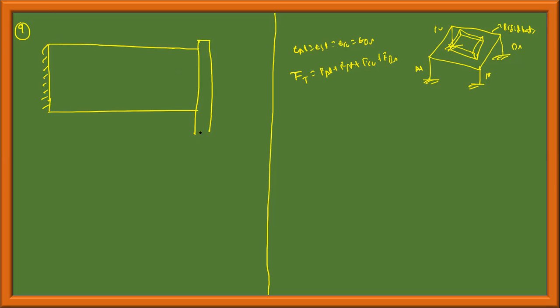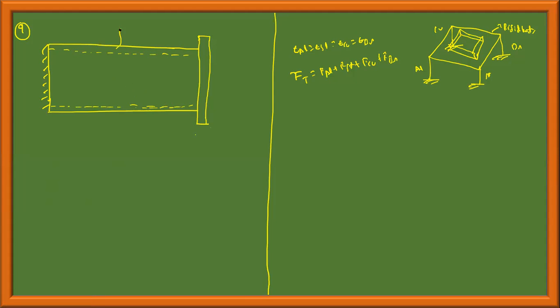This is the rigid disc. The aluminum tube is hollow. This is a hollow tube and a solid shaft.